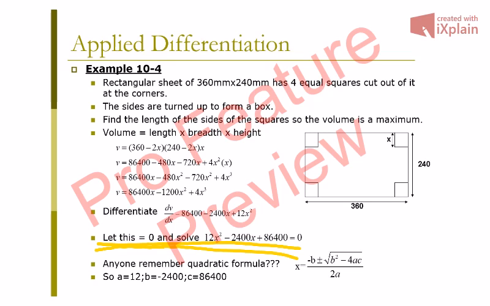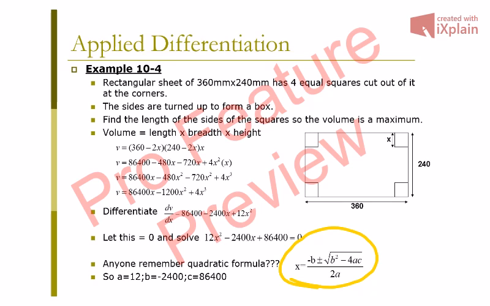So what does this formula look like? We have x squared, we have x, and we have a constant. It is of course a formula that we can solve using the quadratic formula. In this case, a is 12, b is minus 2400, and c is 86,400.